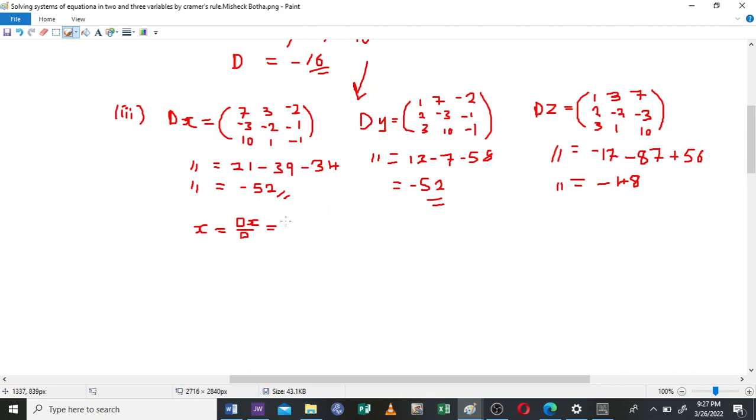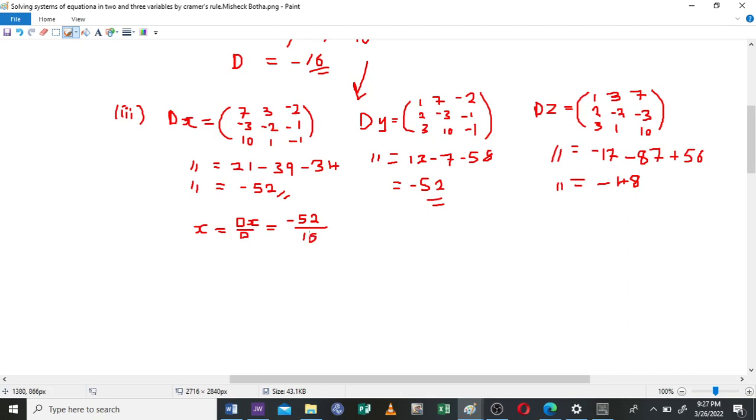Dx was negative 52, divided by, that was 16, right?